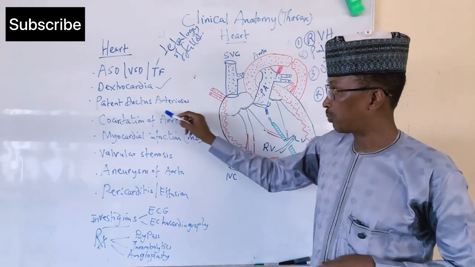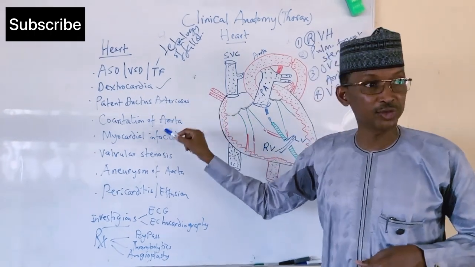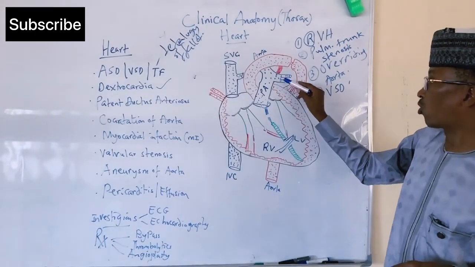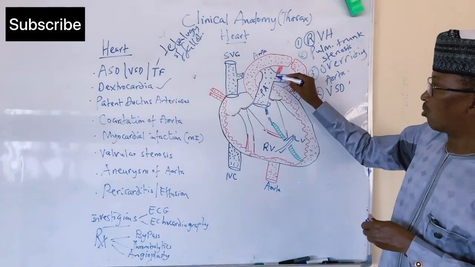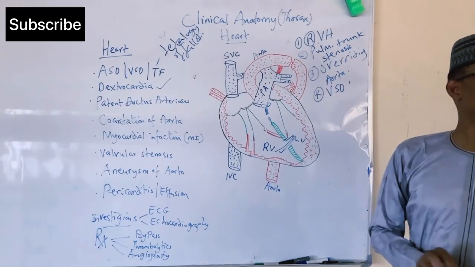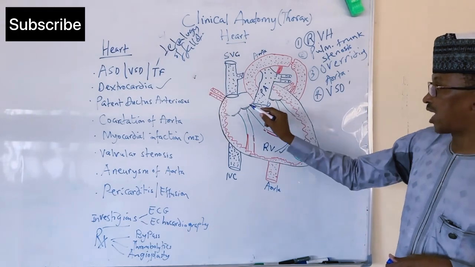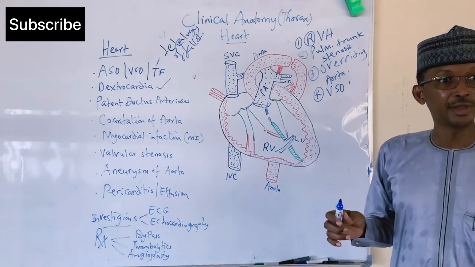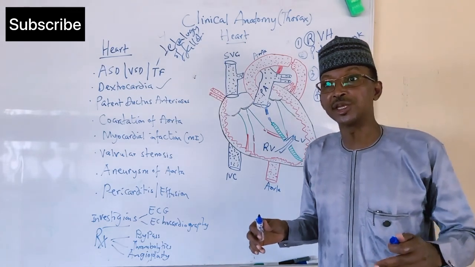There's also what we call patent ductus arteriosus. During intrauterine life, there is a communication between the pulmonary trunk and the aorta. During intrauterine life, the lungs are not fully developed.